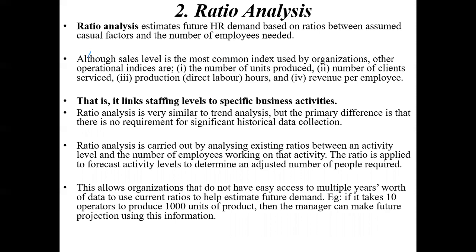Ratio and proportion is the same analogy that we elevate when we say we are using ratio analysis to estimate the need for human resources in terms of quality and quantity. So ratio analysis essentially tries to estimate future human resource demand based on the ratio between causal factors and the number of employees that we will need.